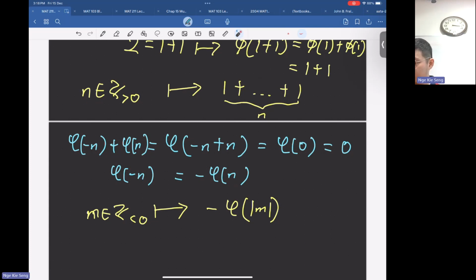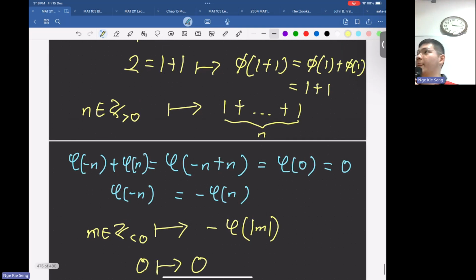We still have 0, right? We settled greater than 0 and less than 0. We still have 0. So where should we send 0? To 0, because it has to be a homomorphism. And this is the only way to do it. So if you ever want to consider the integers sitting in every ring, this is how it sits.